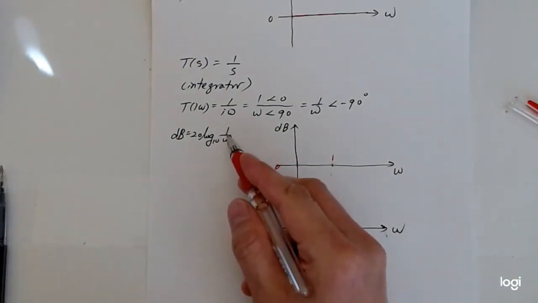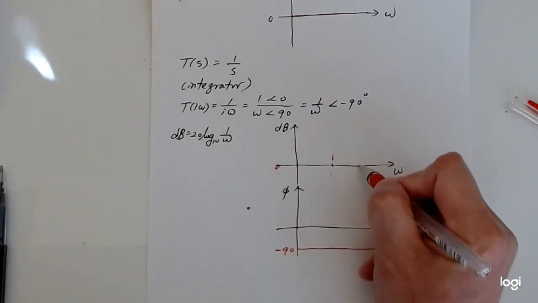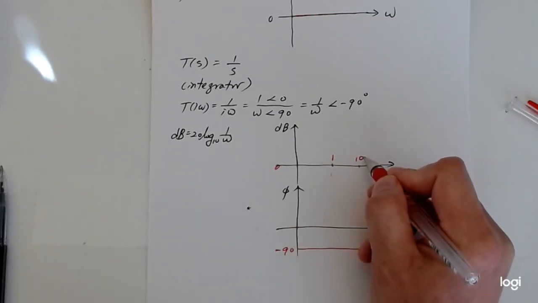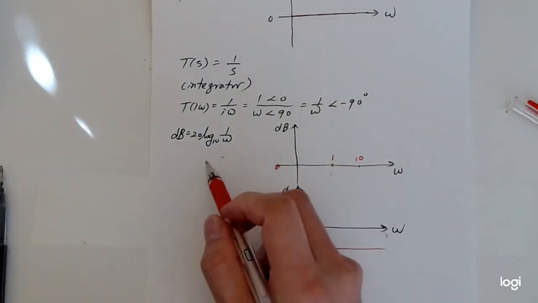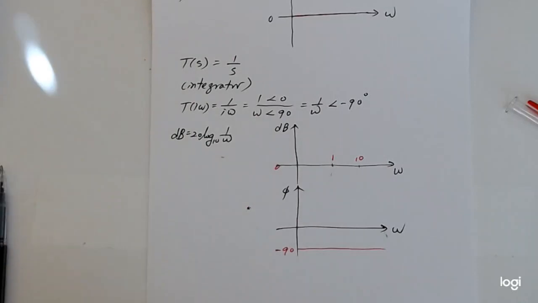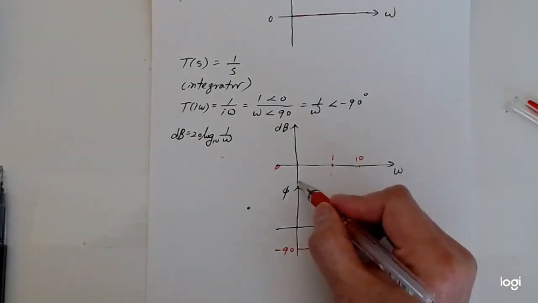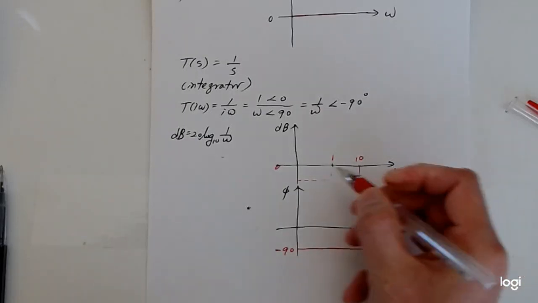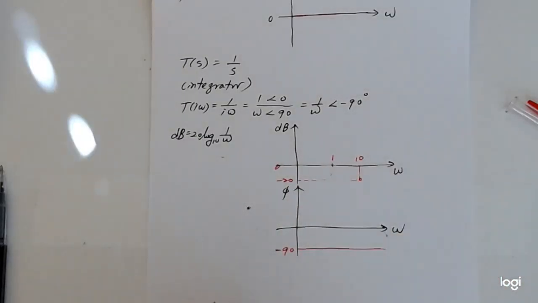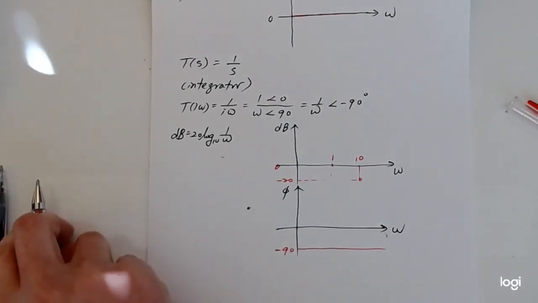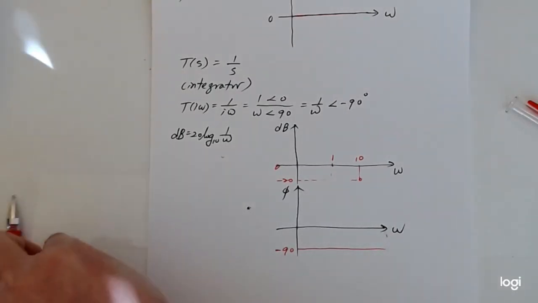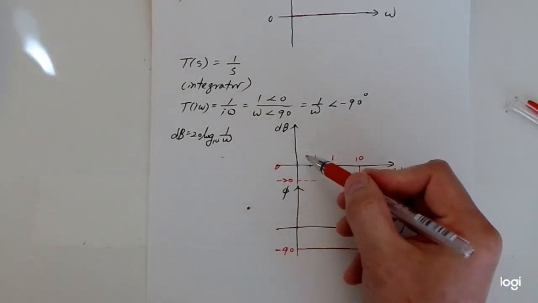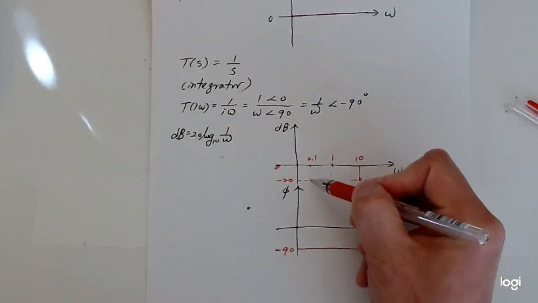Omega equal to 10, it's 1/10, so this one should be minus 20. If you put another point, omega 0.1, that's positive 20.